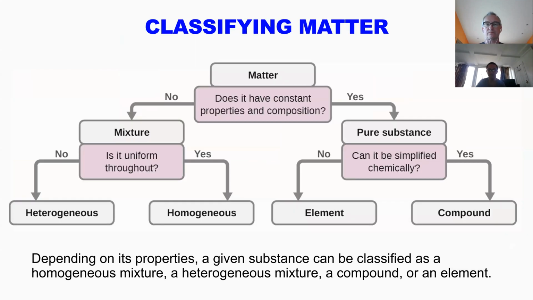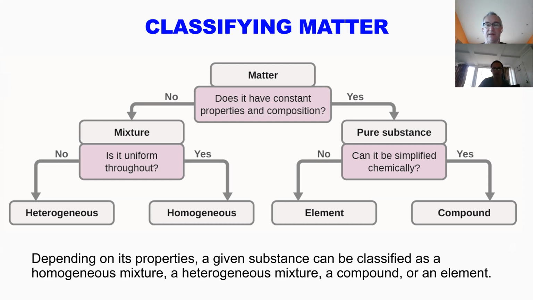Thank you very much. So if you want to tell the difference between a mixture and a substance, you just start with this decision tree. You ask, does it have constant properties and composition all the way through?